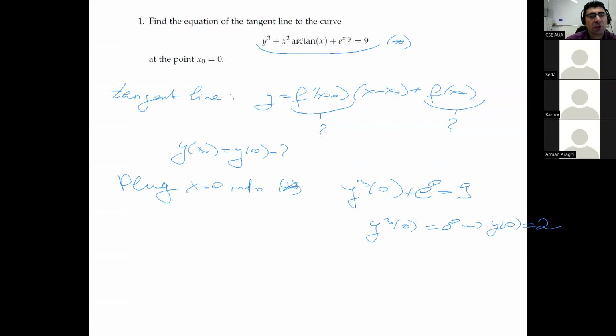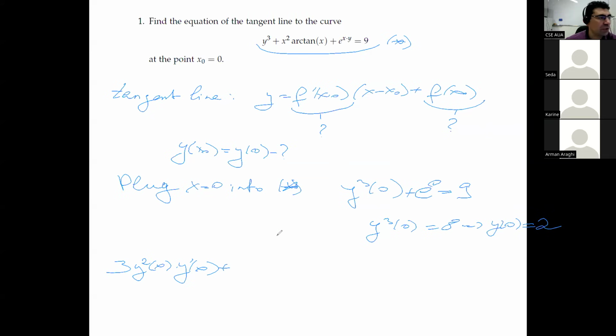Next is to calculate the derivative of our y. So let's take the derivative of the whole equation. The derivative of y cubed gives 3 times y squared times y prime. Remember, y is a function of x. Second term, a product of two functions.